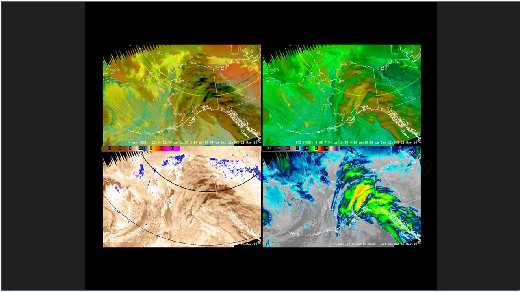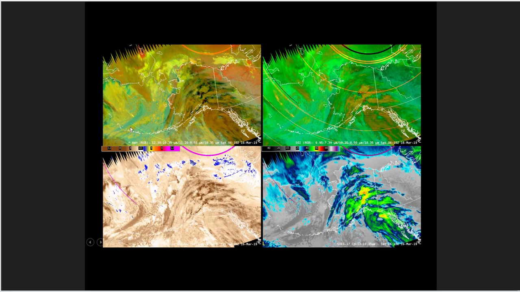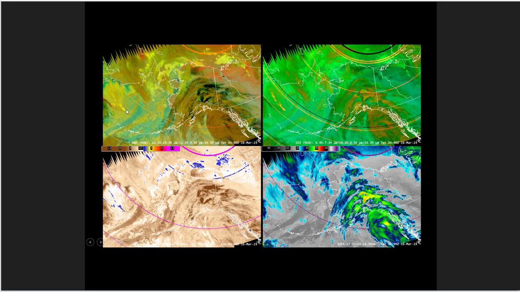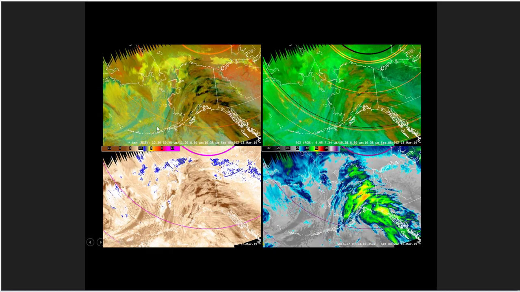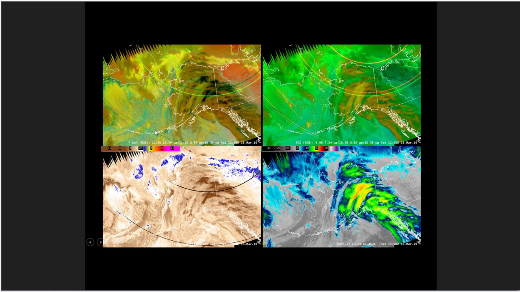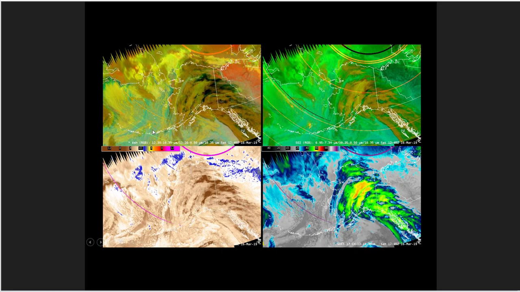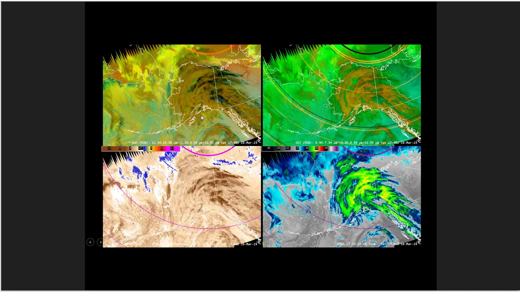So at this point, let me back up a little bit here. So this is the ash signature, this orange color and the yellow color. And it vects well into the Bering Sea and well towards the Alaska, the central Aleutians at this point. And it becomes very faint by about 18Z on the 16th.